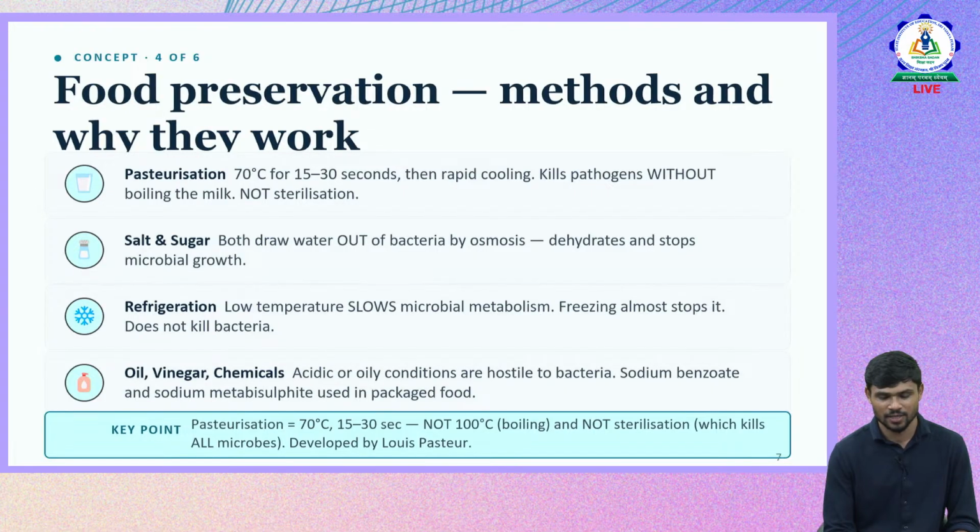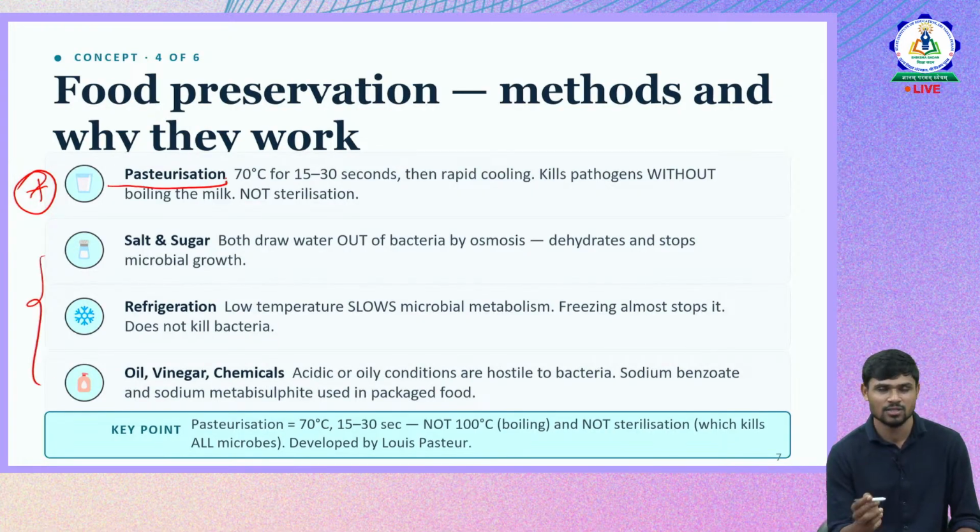Next, food preservatives. Among food preservatives, pasteurization is the only concept which was asked in previous year questions, and the others were not focused on much. So what is pasteurization? We discussed who discovered it and how they did it.